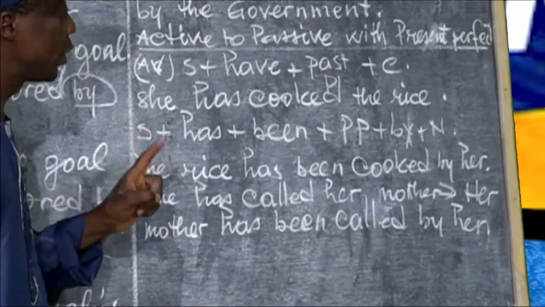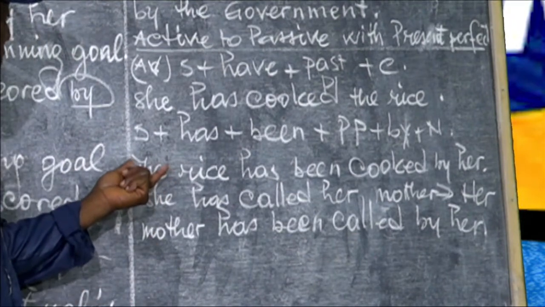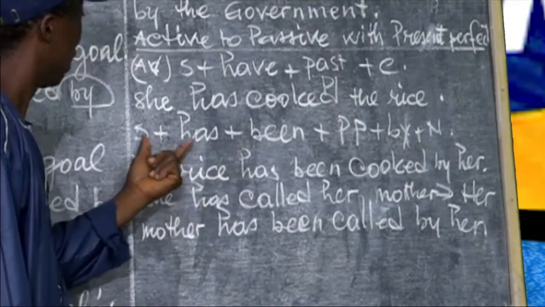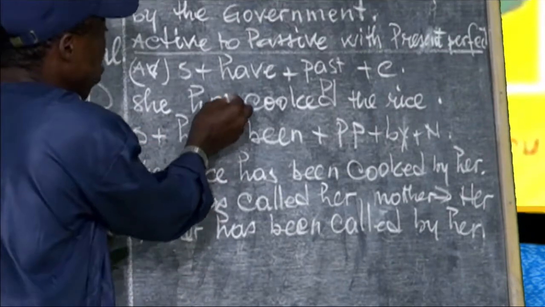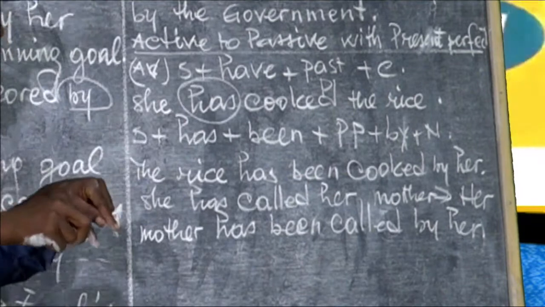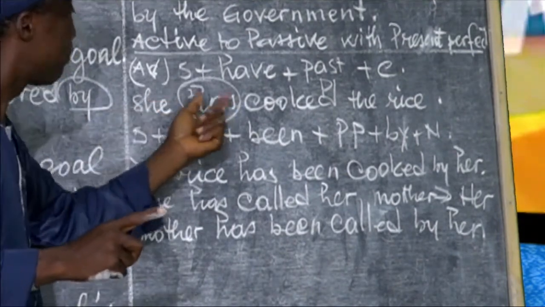What I'm going to let you know is, in the simple present, the active form here. For instance, she has cooked the rice, or the rice has been cooked. Now, she has cooked the rice. The verb to have is already conjugated to the third person singular because she is the third person singular. Not have, but has.